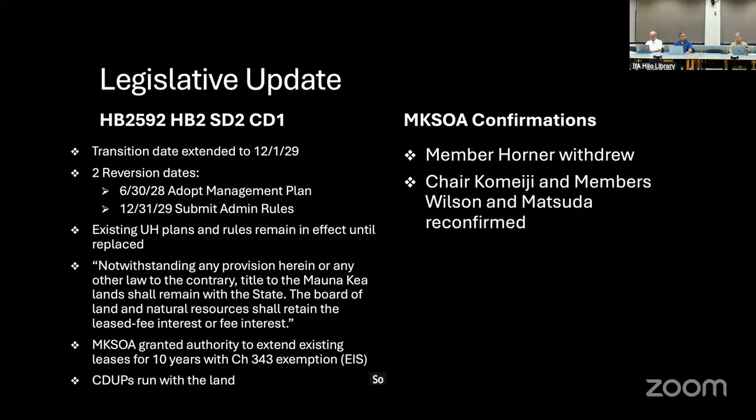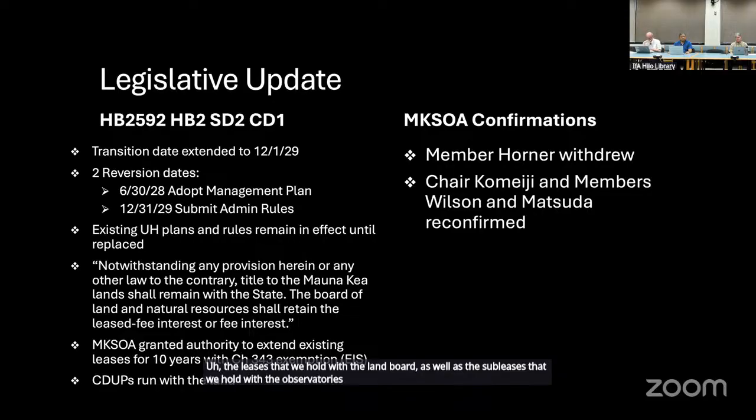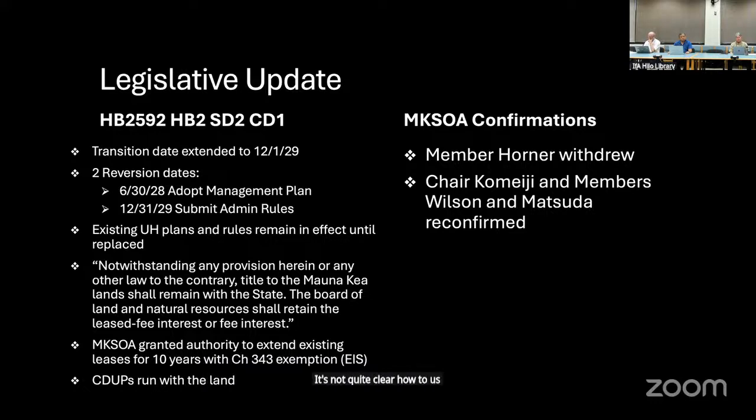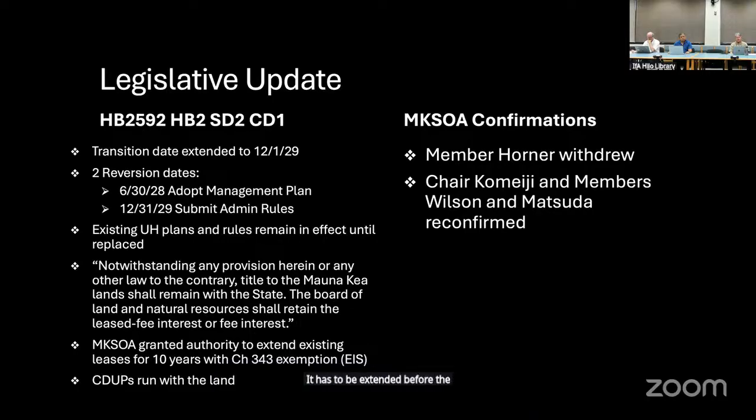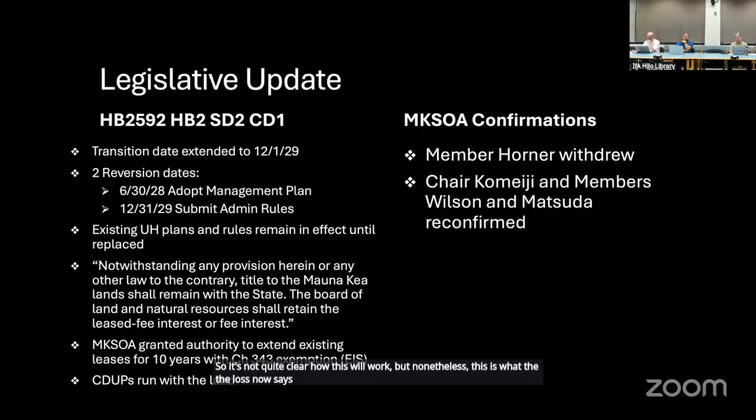So this would give them the authority to extend the leases that we hold with the land board, as well as the subleases that we hold with the observatories, for 10 years with a Chapter 343 exemption. It's not quite clear to us how they grant a lease to themselves for 10 years, because the general lease, as you know, has to be extended before the subleases can be extended, because they are all coterminous. So it's not quite clear how this will work, but nonetheless, this is what the law now says.